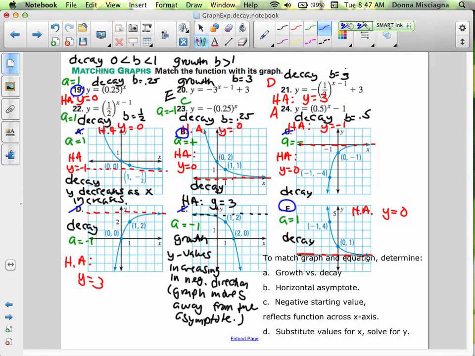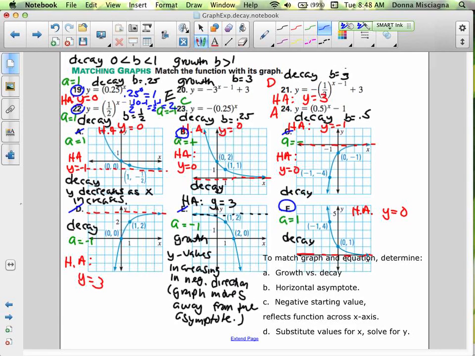If we plug in 0 into 19, y equals 0.25 to the 0, which gives us 1. And if we do that for 22, plug in 0: 1/2 to the 0 minus 1. That's the same as 1/2 to the negative 1 power. What's 1/2 to the negative 1? 2.